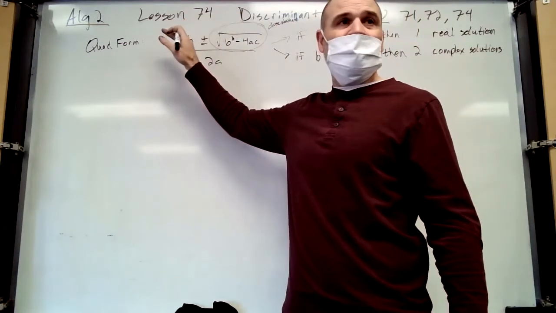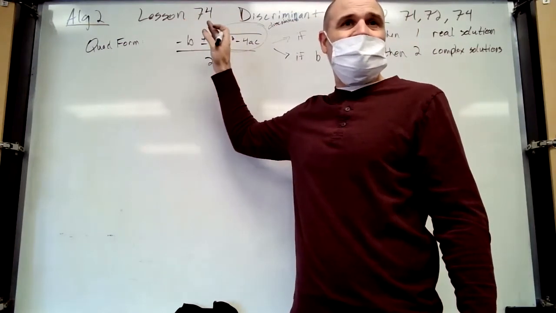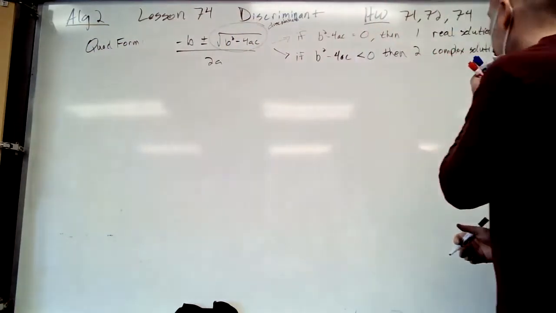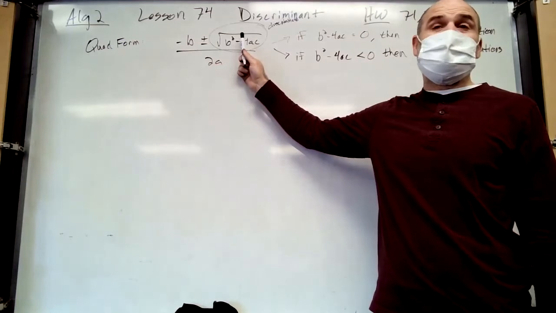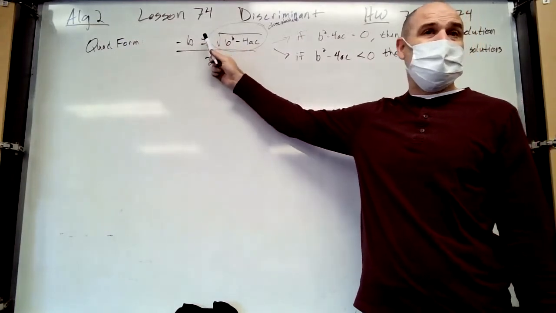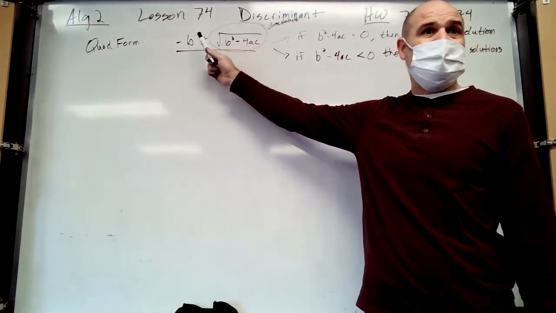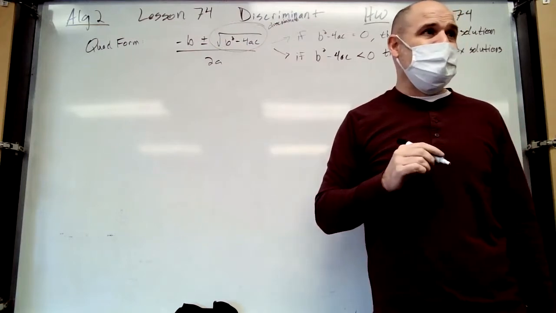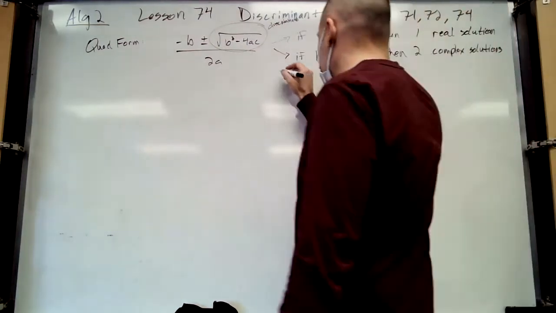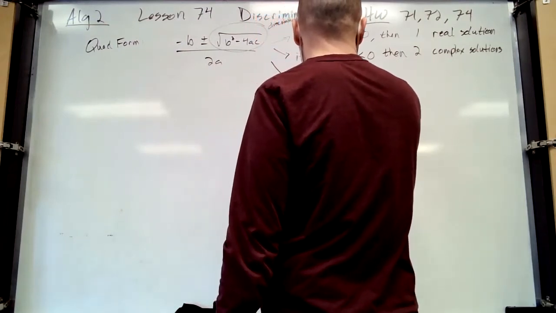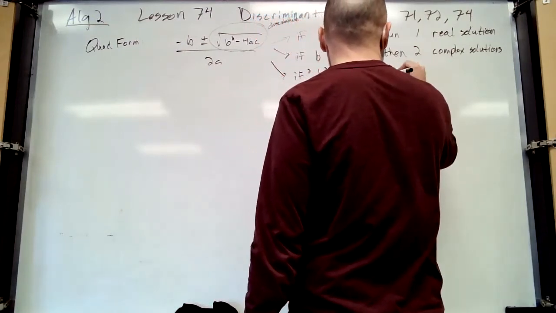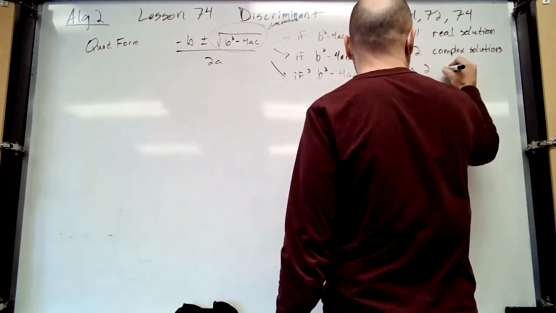So you're going to have a real number plus or minus an imaginary number. That's a complex number. And you're going to have two because unless this is 0, which is not, it's a negative number, you're going to have plus that imaginary number, minus that imaginary number, okay? Now, if b squared minus 4ac is greater than 0, then you have two real solutions.